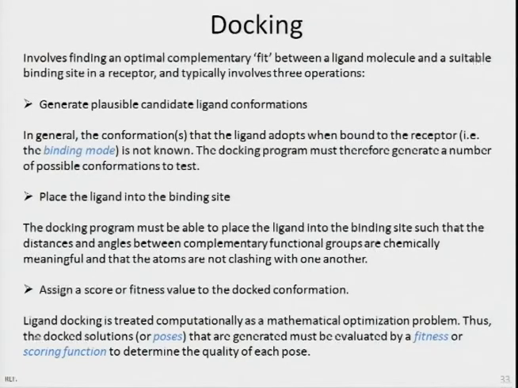And this typically involves 3 separate operations, which may or may not be separate, but each has to be performed. So first of all, the program has to generate plausible ligand conformations. In general, the conformation that the ligand adopts when it's bound to the receptor is not known. So the docking program must therefore generate a number of possible conformations to test.